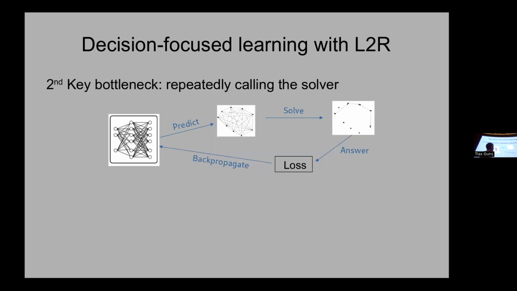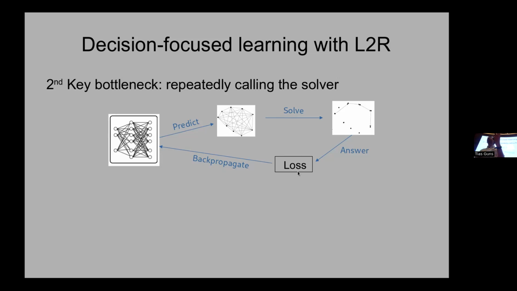All right. So I haven't told you where that finite sample comes from. And so far, I've also only focused on defining a proper loss function, or actually defining a surrogate gradient that you can use in gradient descent-based learning. So defining that gradient is one big challenge in decision-focused learning. The second big challenge is that you're going to call your solver for every epoch and for every instance to be able to compute that loss function.